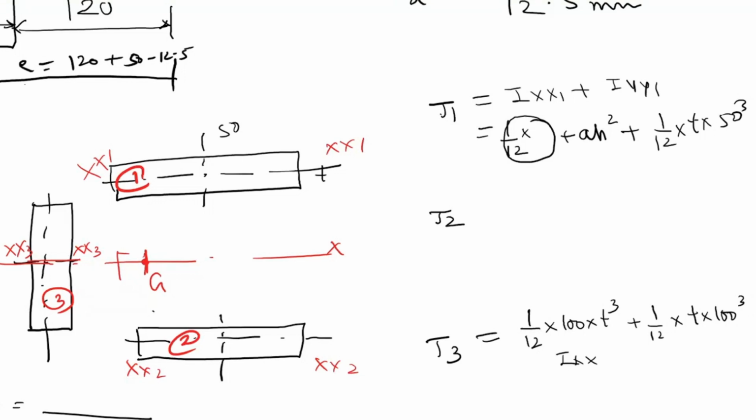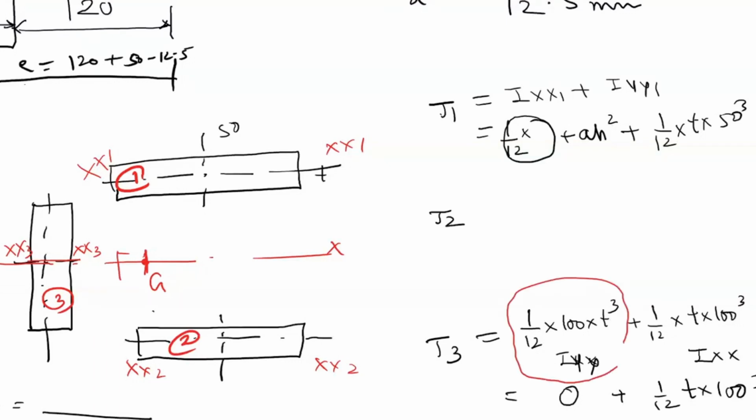This is IXX, and this is IYY. So you can take this as equal to 0 plus 1 by 12 t into 100 cube. That's it. That is J3. So you can see this can be taken as 0 and there is no Ah square in this. There is no parallel axis theorem used in this.